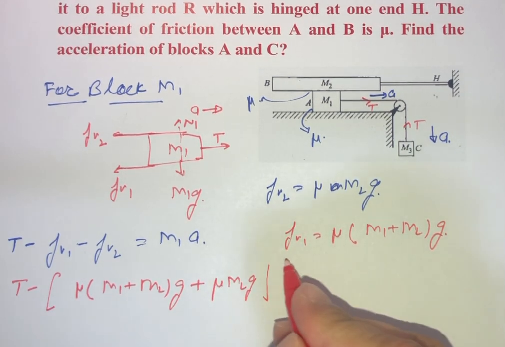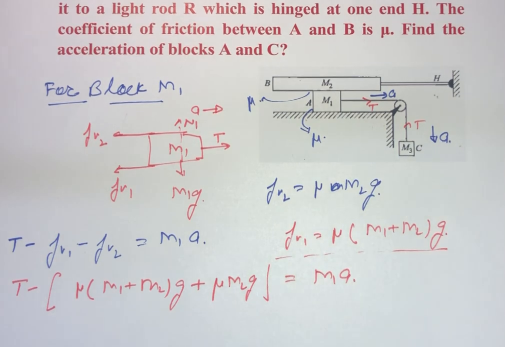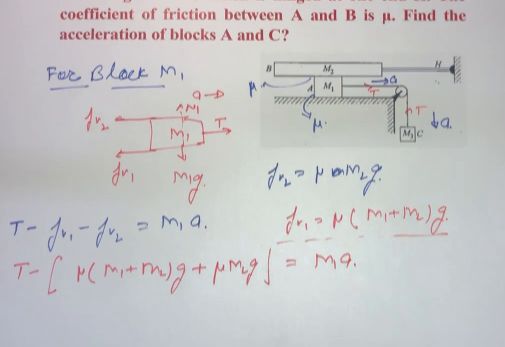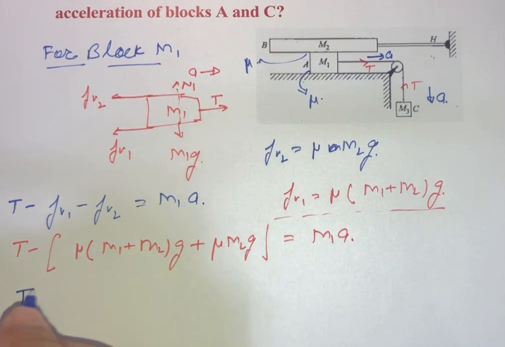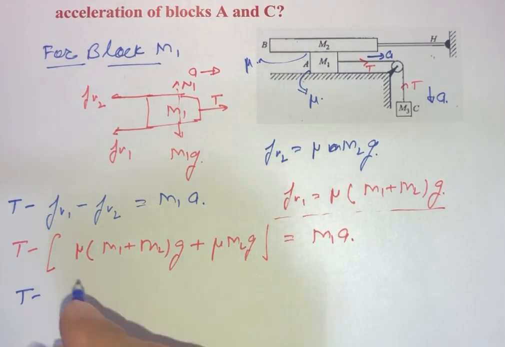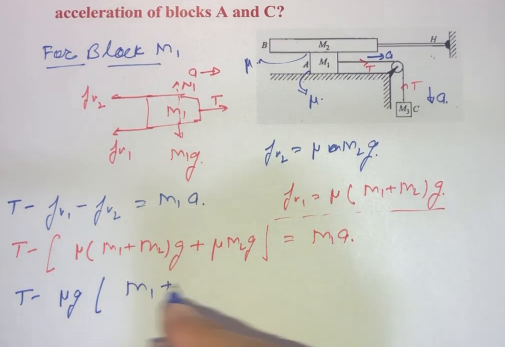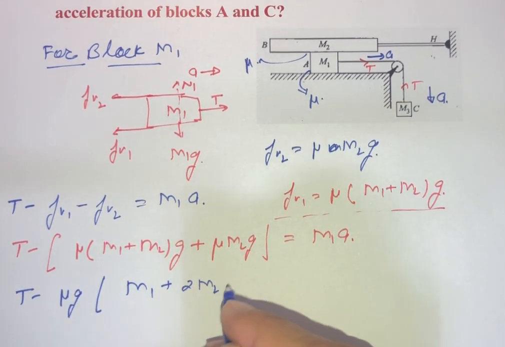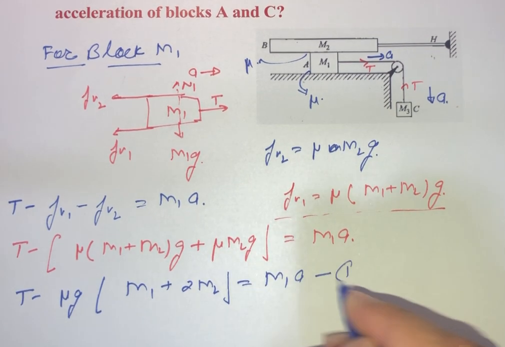This is equal to M1A. We further can solve it. This will be T minus, taking mu G as common, M1 plus twice M2 is equal to M1A. Let this be equation number 1.